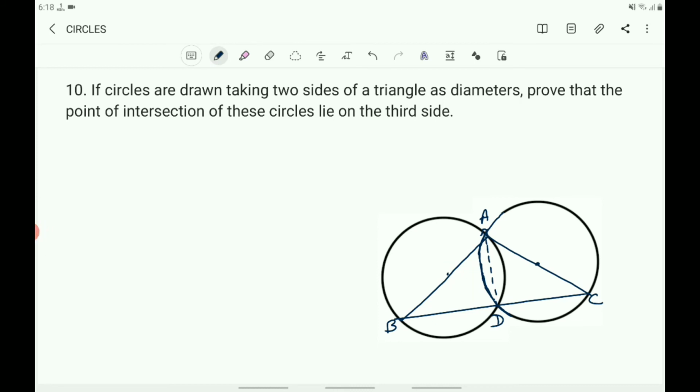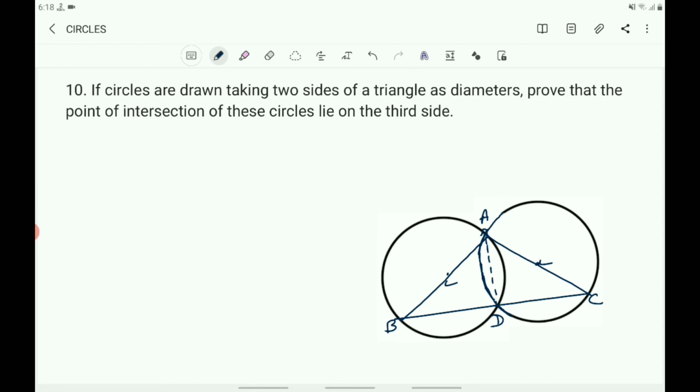If circles are drawn taking two sides of a triangle as diameters, prove that the point of intersection of these circles lie on the third side. Here AB and AC are the diameters of the circle and they are the two sides of a triangle ABC.